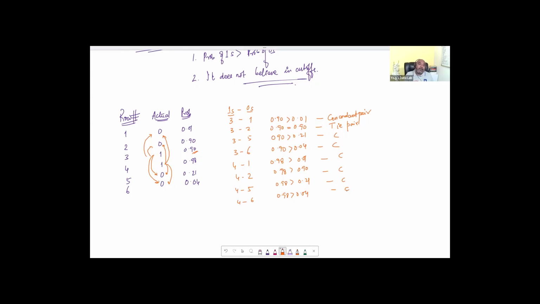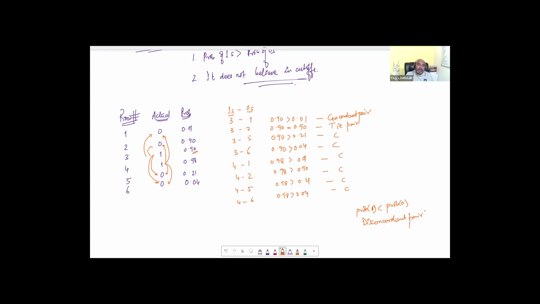In case the probability of 1 is less than the probability of 0, then it is known as a discordant pair. In our case, we only have concordant and tie pairs.